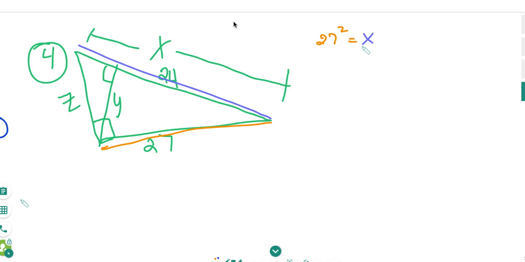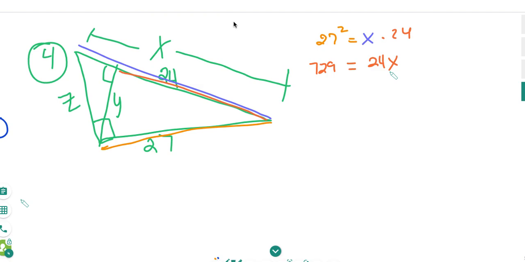And then the part of the hypotenuse that touches the leg is going to be right here, which is going to be 24. So we're going to go ahead and square 27, which is going to give us 729 is equal to 24x.